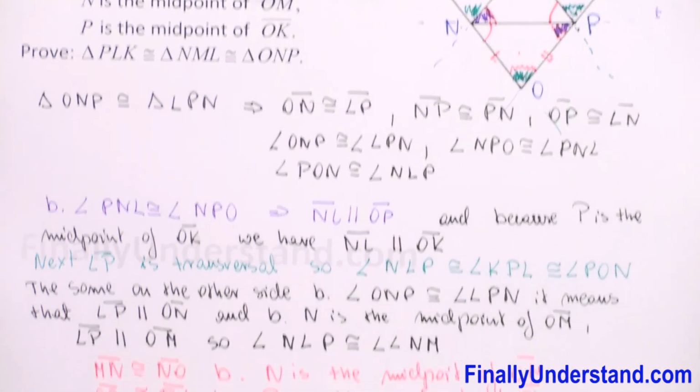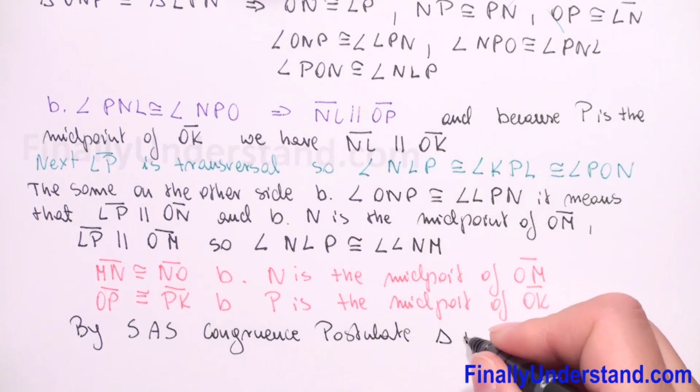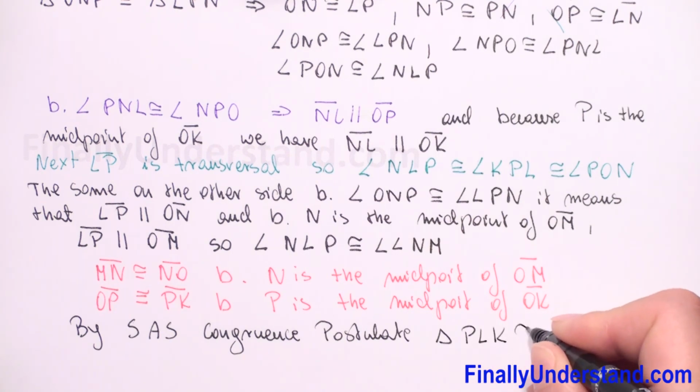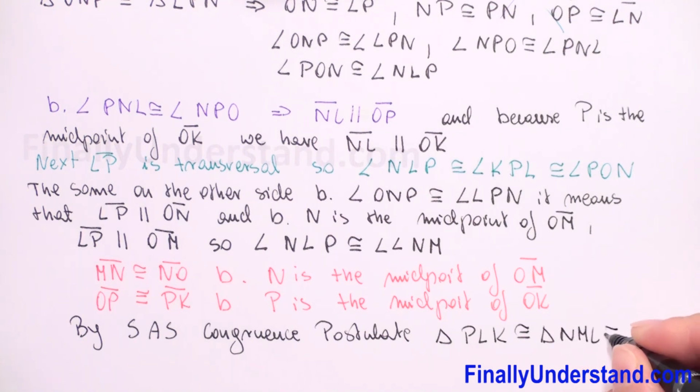So by the side angle side congruence postulate, triangle PLK is congruent to triangle NML, and this triangle is congruent to triangle ONP. This is my solution.